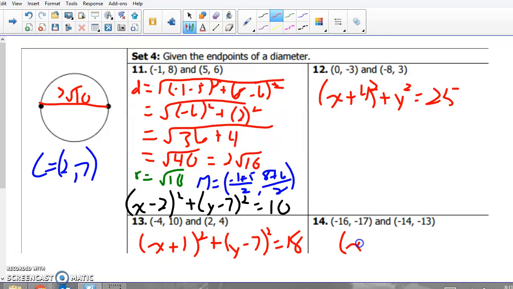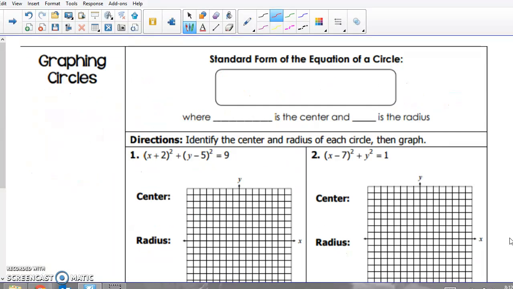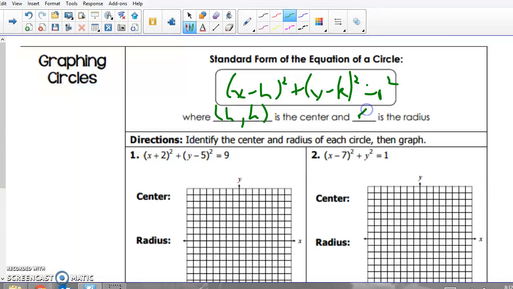And for the last one, you should have gotten x plus 15 squared plus y plus 15 squared equals 25. So just a quick reminder, it is x minus h squared plus y minus k squared equals r squared. h, k is your center and r is your radius.